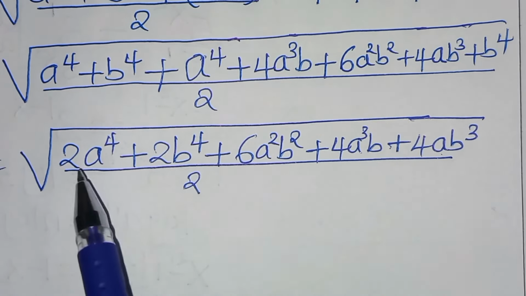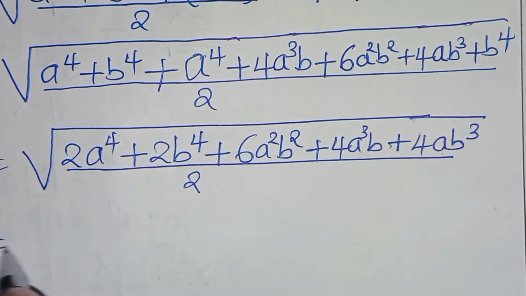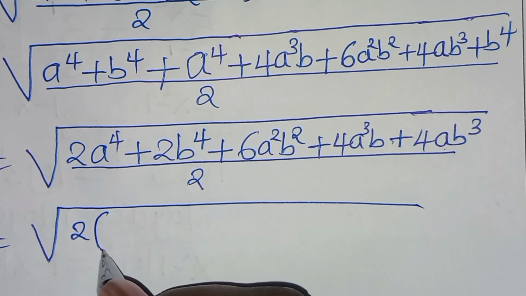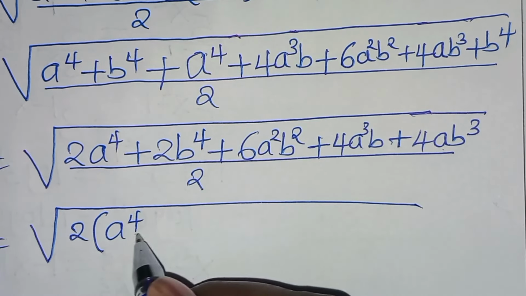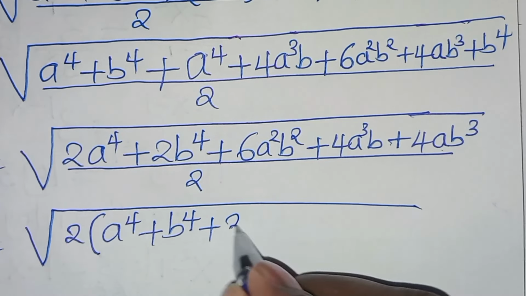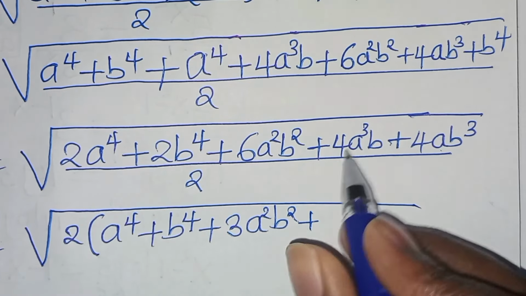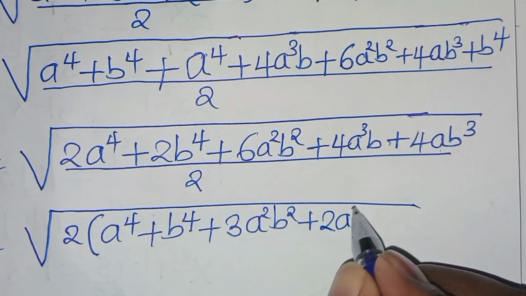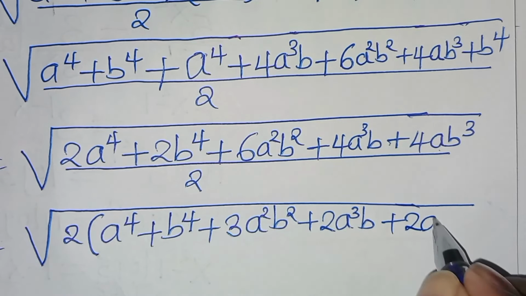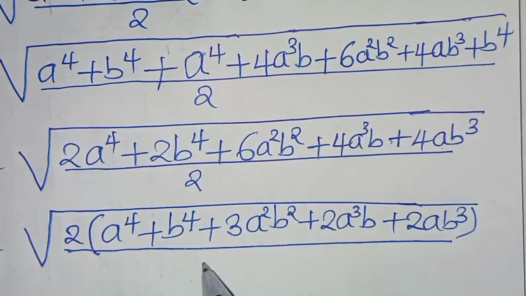The next step is that 2 is common here, so we can factor out 2, so that now we have the square root of 2 into the parentheses A to the power of 4 plus B to the power of 4, plus 3A squared B squared, plus 2A cubed B, plus 2AB cubed, close the bracket, and then everything divided by 2.